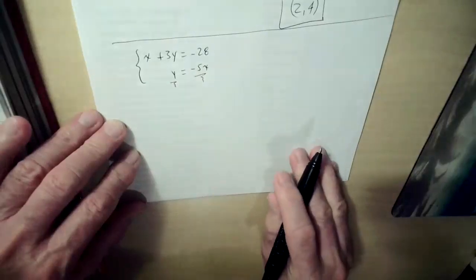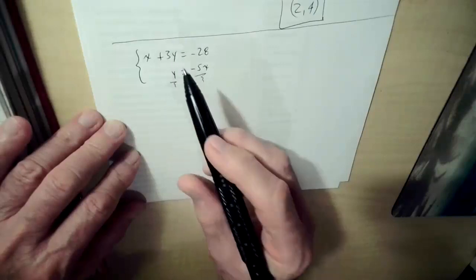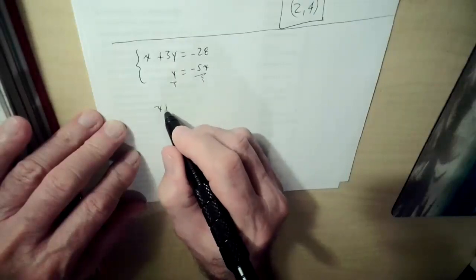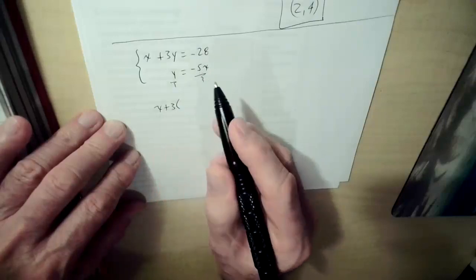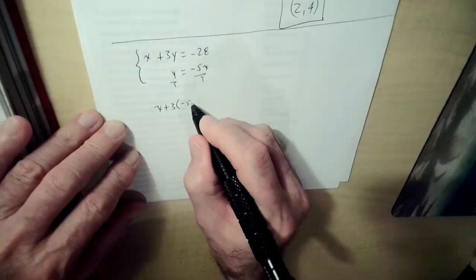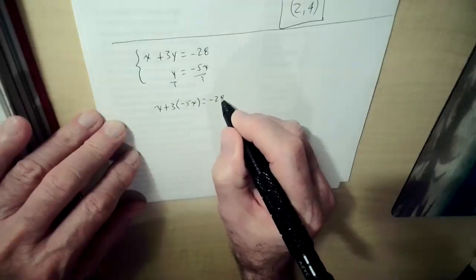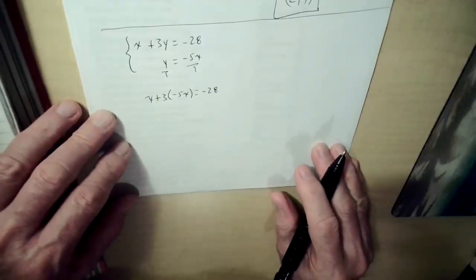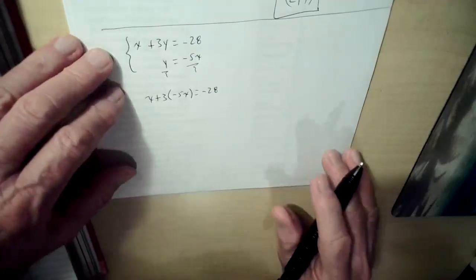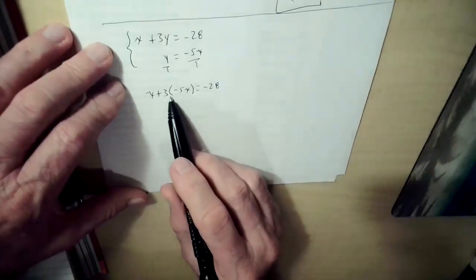System of equations. Now this one's already solved for y, so we're going to remember that y and negative 5x are the same. They're equal. So in the other equation, x plus 3 times y, but instead of y, we plug in negative 5x, equals negative 28.